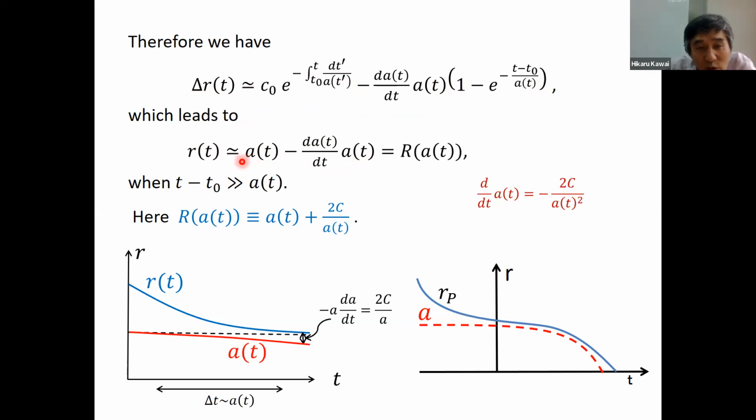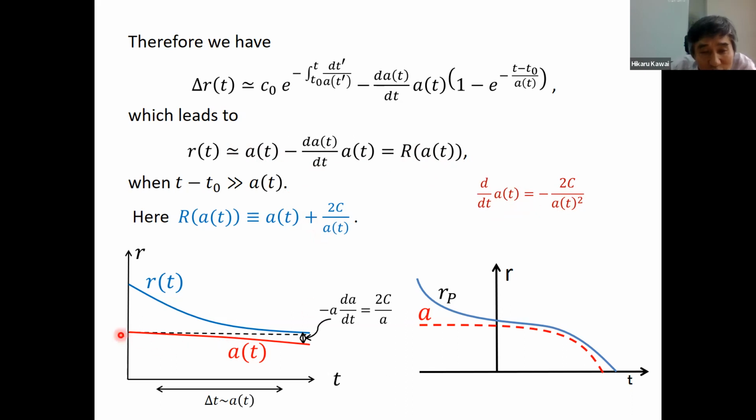So we call this combination capital R(t). Once we know A(t), and also we assume that because of Hawking radiation, dA/dt is minus 2c over A squared. So by plugging this in, capital R is given by A plus this number, because minus times minus is plus.